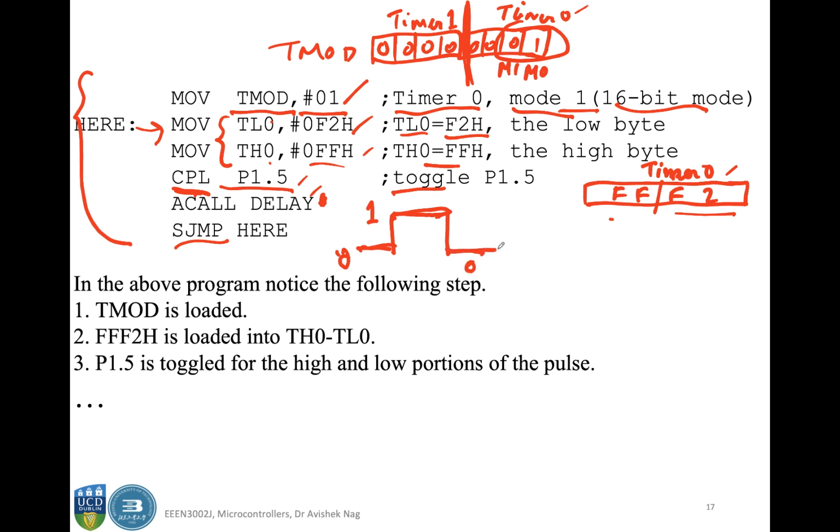It will remain at 0 for the duration of this delay. In that way you will have a square wave like this as an output of your P1.5 pin.